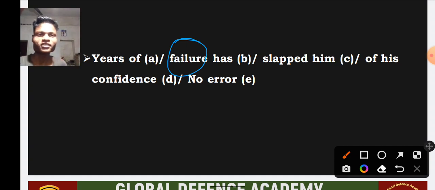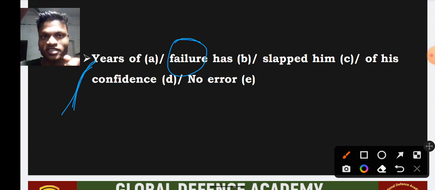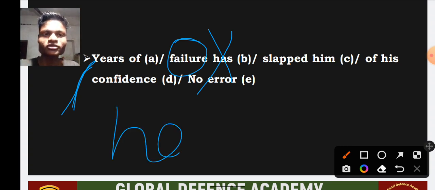Then what is the subject? Years is your subject, and according to years, has is not correct. You have to replace has with have.